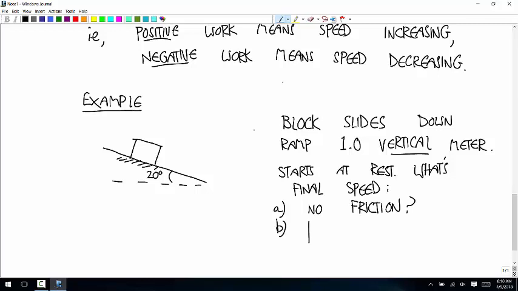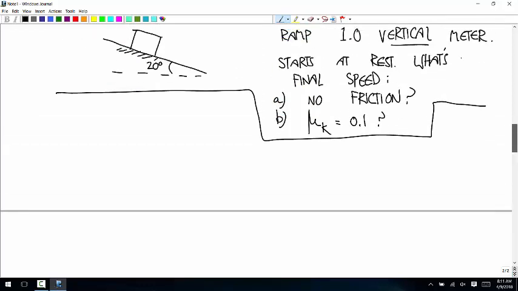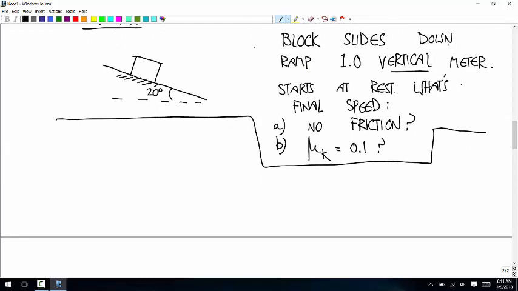And second, with a coefficient of kinetic friction of 0.1. All right, so first we're going to do it with no friction.